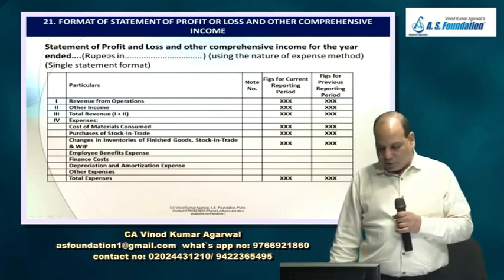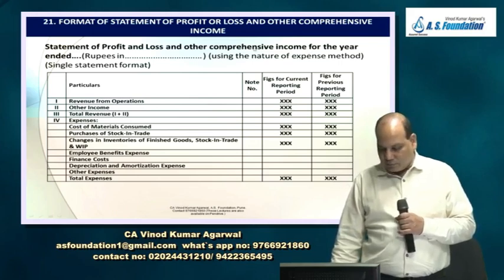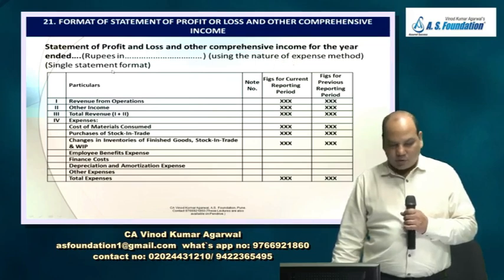So you will write like this: statement of profit and loss and other comprehensive income, for the year ended. Rupees in, you will write the currency, then you will write the unit of measurement here: rupees, thousand, million. Nature of expense method, single statement format. This you don't have to write in the exam.